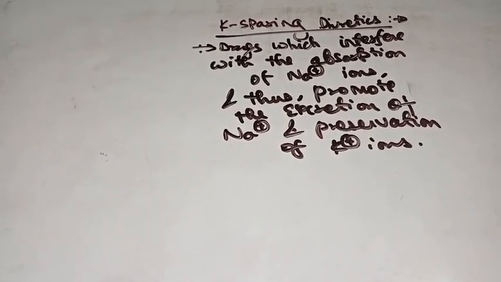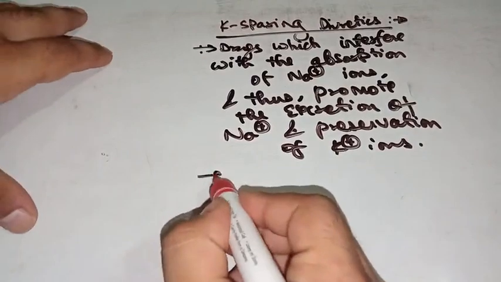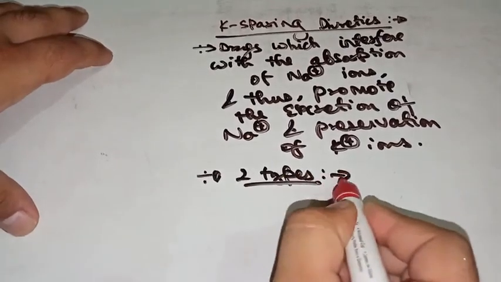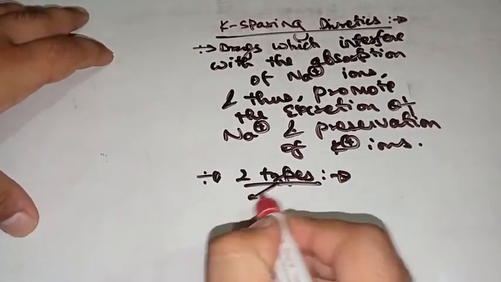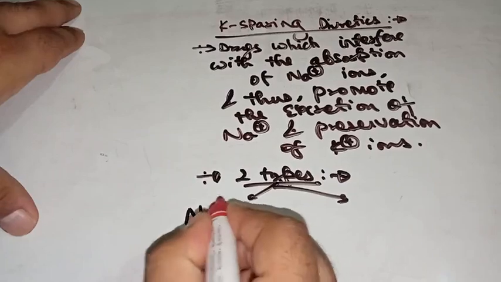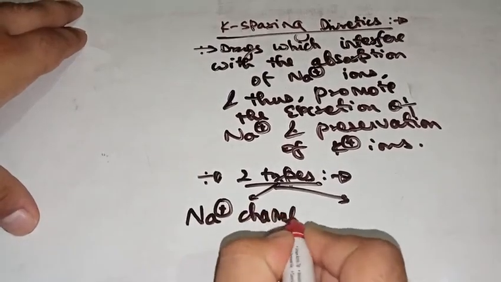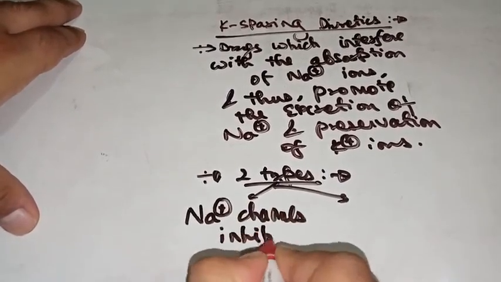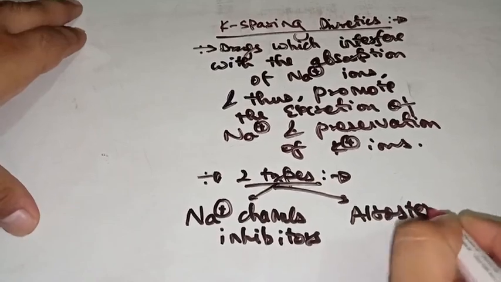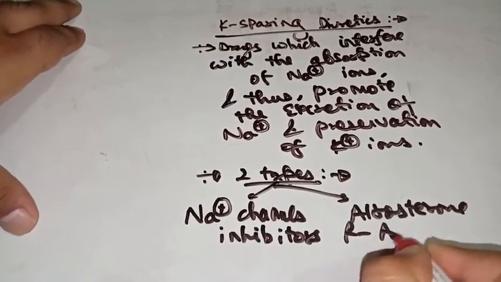So these are drugs which interfere with the absorption of sodium ions, thus promote the excretion of sodium and preservation of potassium ions. These are of two types. The first type is sodium channel inhibitors or blockers, and second is aldosterone receptor antagonist.